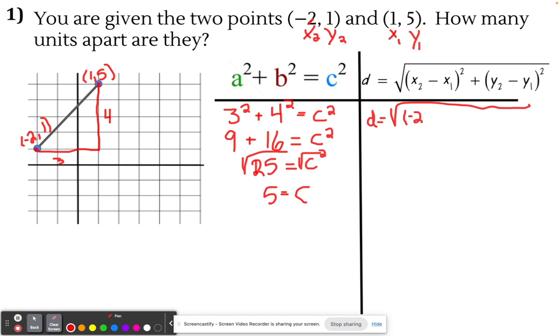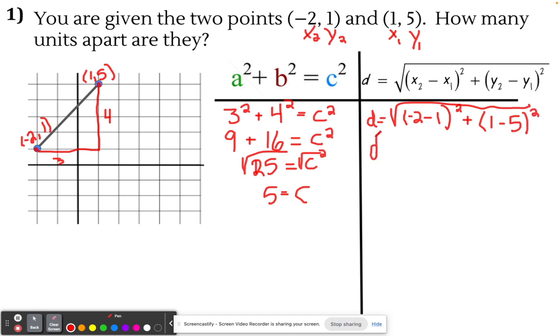So x2, -2, minus x1, which is 1, raised to the second power, plus the distance between my y's, so y2, 1, minus y1, 5, raised to the second power.